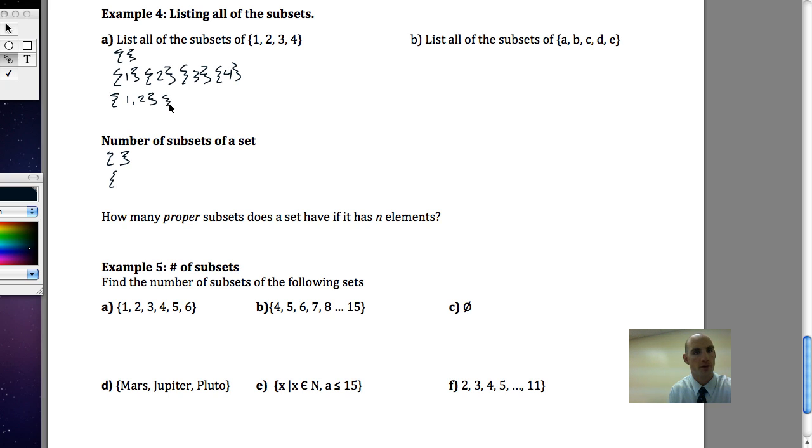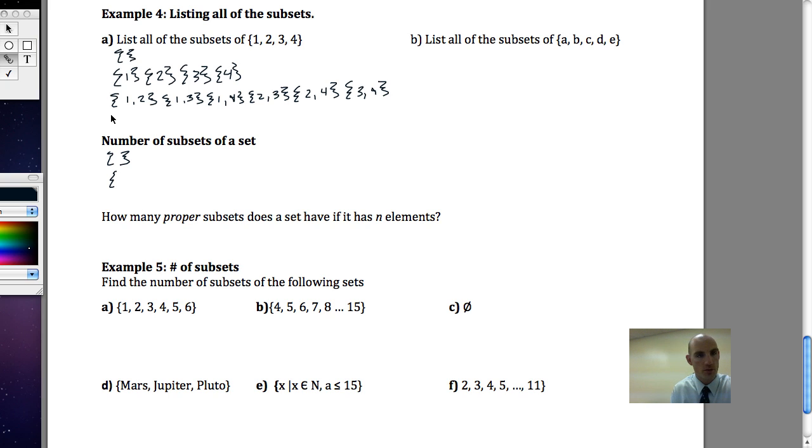The set with 1, 2 in it, the set with 1, 3, the set with 1, 4, also the set with 2, 3, the set with 2, 4, and the set with 3, 4. So those are all the sets with 2 elements in them.